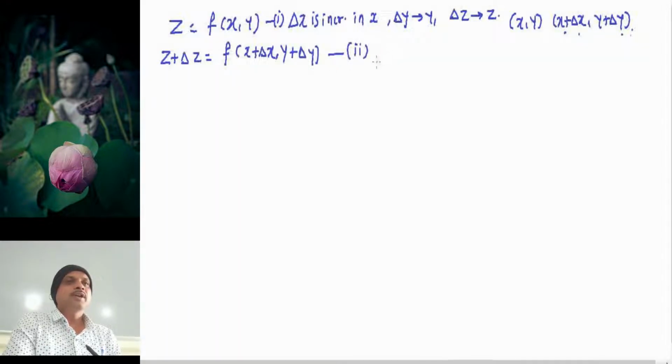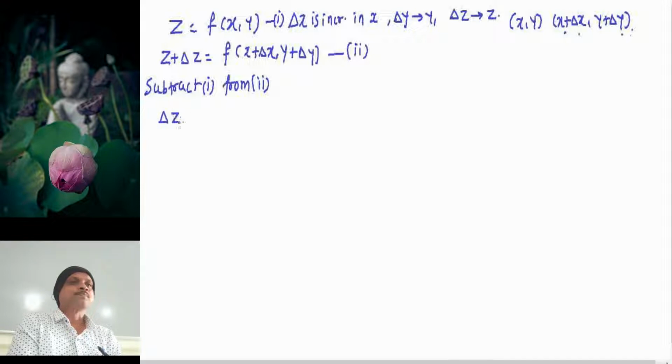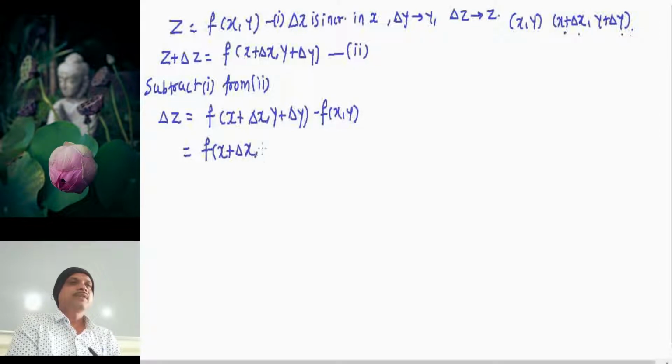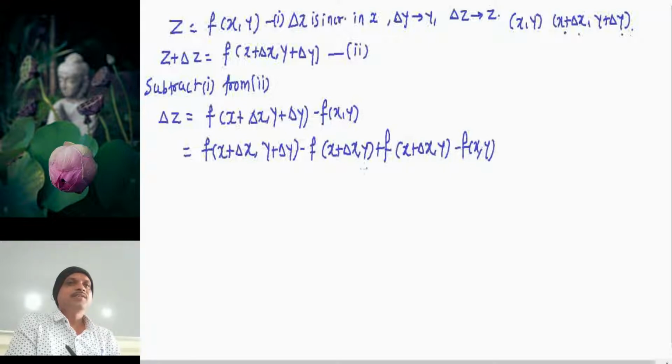Now from equation 1 and 2, if we subtract equation number 1 from equation number 2, delta z equal to f of x plus delta x comma y plus delta y minus f of x comma y, equal to f of x plus delta x comma y plus delta y minus f of x plus delta x comma y, plus f of x plus delta x comma y minus f of x comma y.